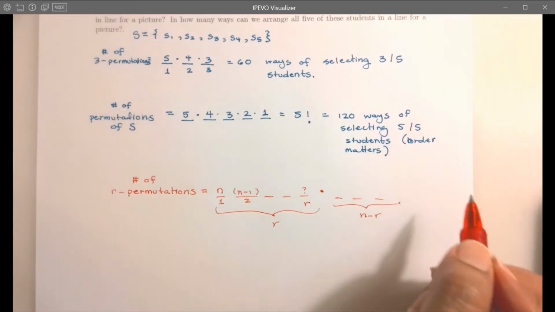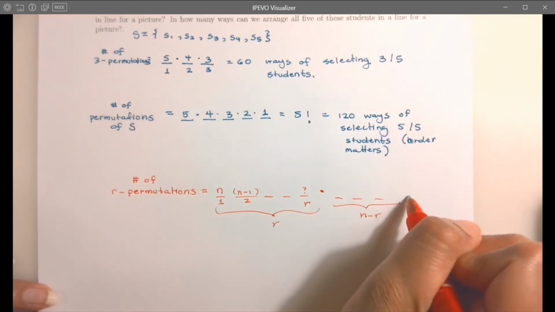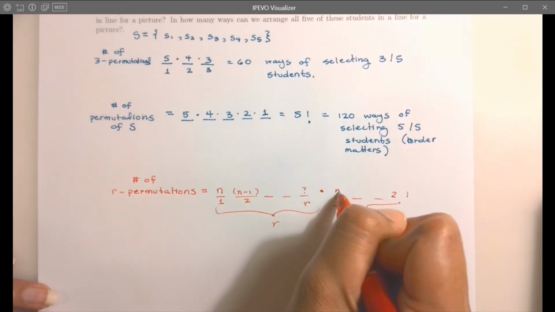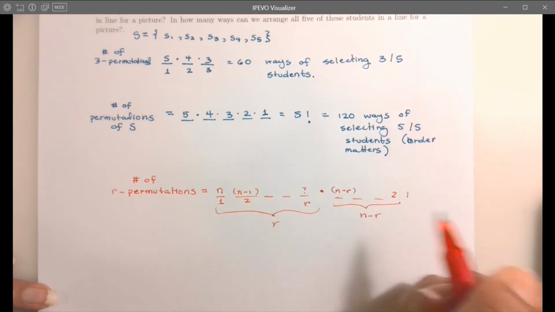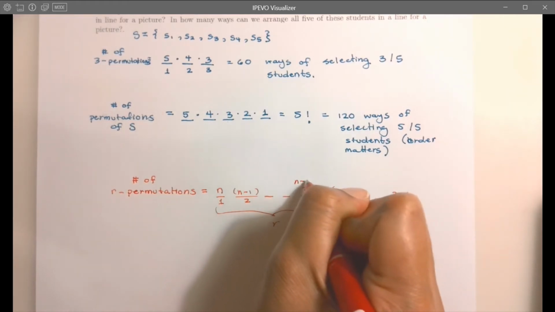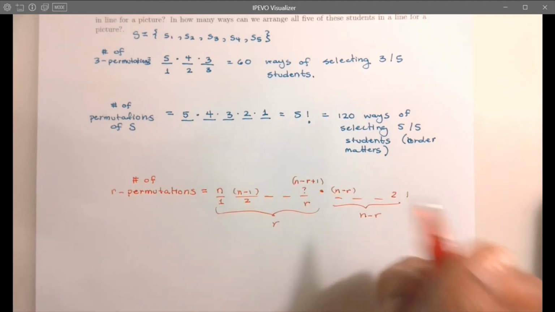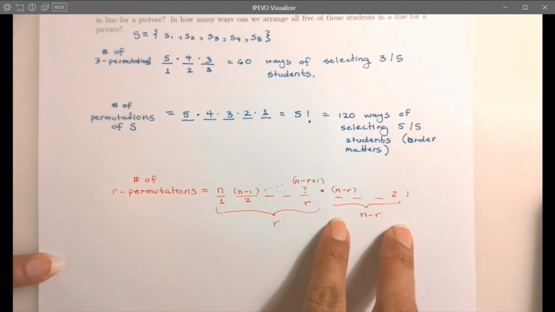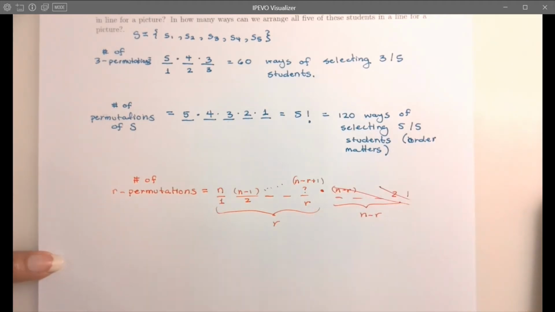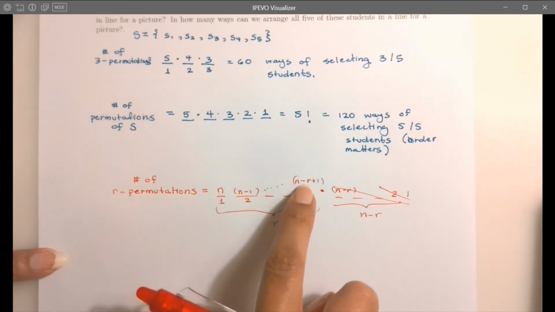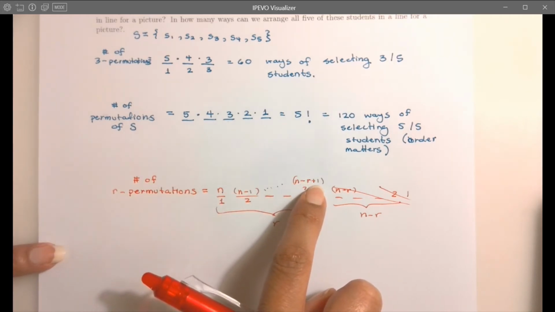If this were a factorial, we would have 1, 2, 3, all the way down to n minus r. And then this would begin at n minus r plus 1, and continue all the way to n, right? But because we're only picking r of them, these n minus r elements are forgotten, and we only multiply from n down to n minus r plus 1.